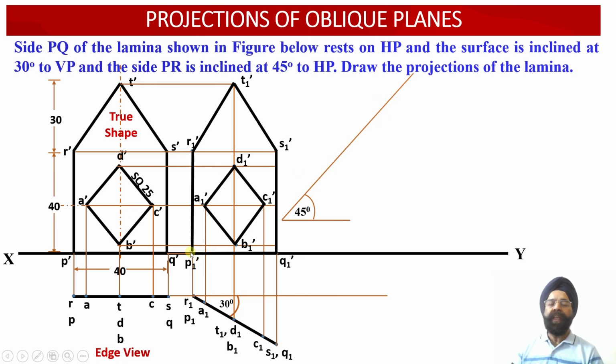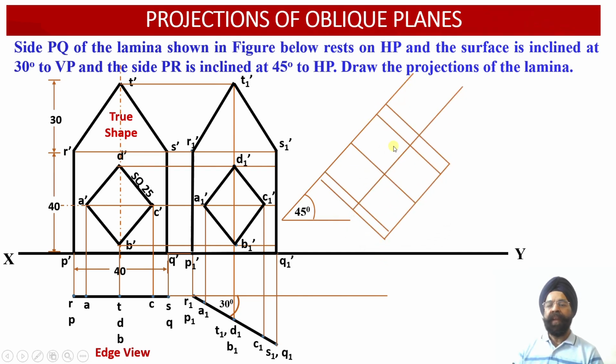So now, using the principle of rectilinear distances, we are going to transfer the apparent shape front view projections of this lamina in such a way that the figure is rotated at an angle of 45 degrees with respect to the horizontal plane, and the P1 dash and R1 dash edge will be lying on this orientation line.